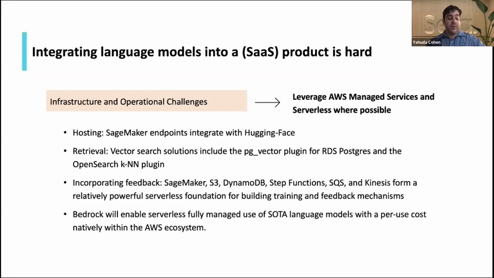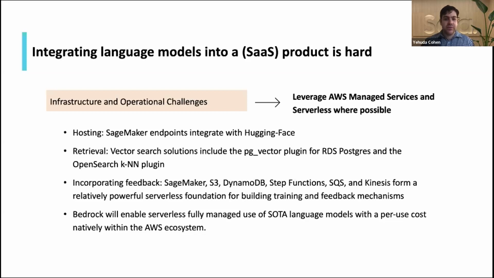There will be that solution where it will scale for you. You will not need to worry about scaling at all, monitoring and understanding. All of that will be taken care of by Amazon, and Bedrock will enable you to use many state-of-the-art language models, including Anthropic models and other very powerful open source models.